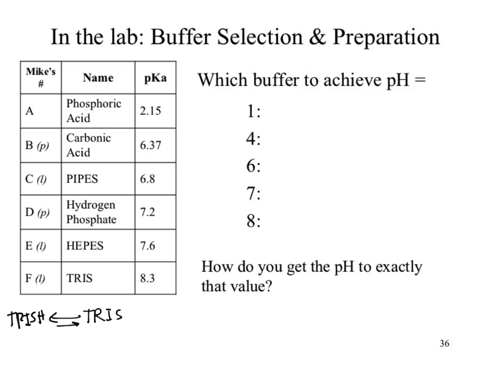Which buffer would work best? The phosphoric acid. Okay. Gets me as close as I possibly can. Okay. How about a pH of 4? What do you guys think?